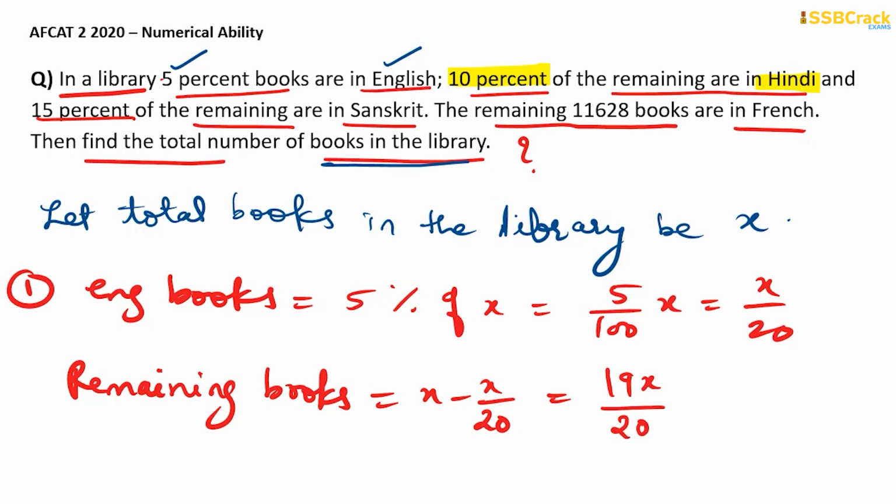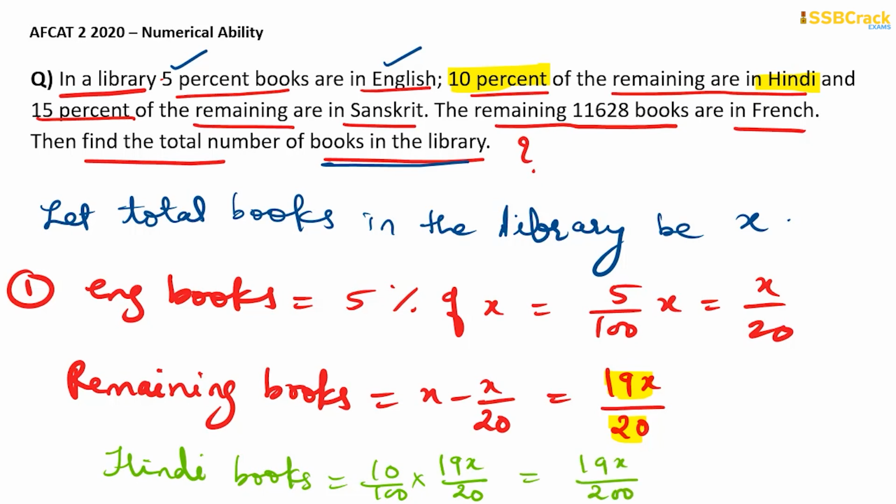Now they said that 10% of this remaining, that is 19X by 20, is our Hindi books. So Hindi books are 10% of, that is 10 by 100 part of this remaining 19X by 20, which comes out to be 19X by 200. So these are the Hindi books.